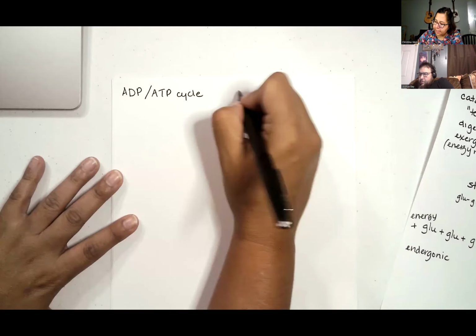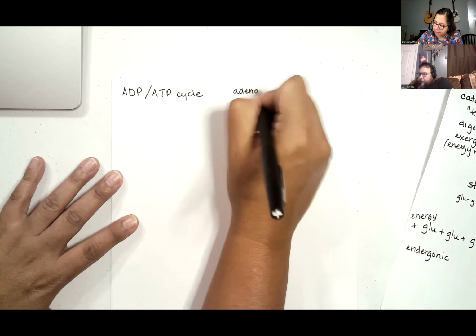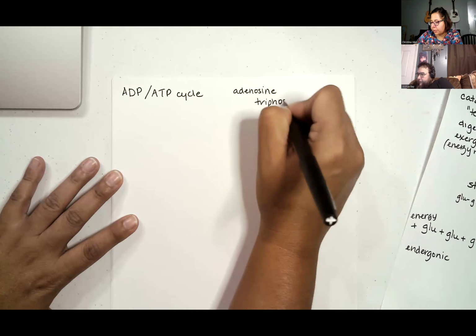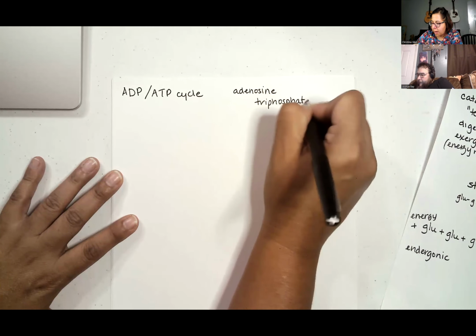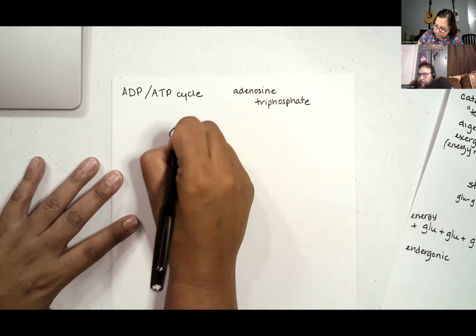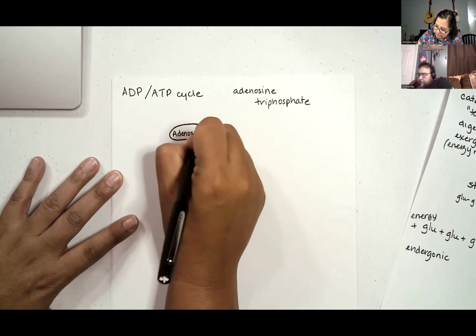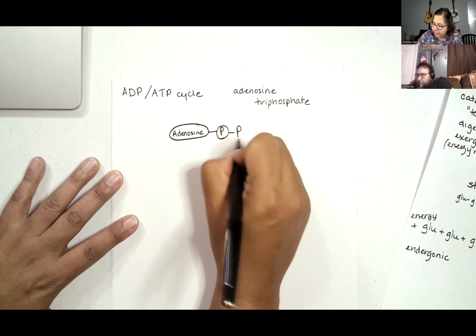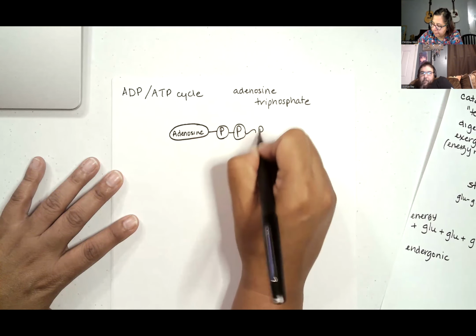So ATP stands for adenosine triphosphate. That's the energy molecule of all cells. It's made out of an adenosine molecule and 3 phosphates linked together.